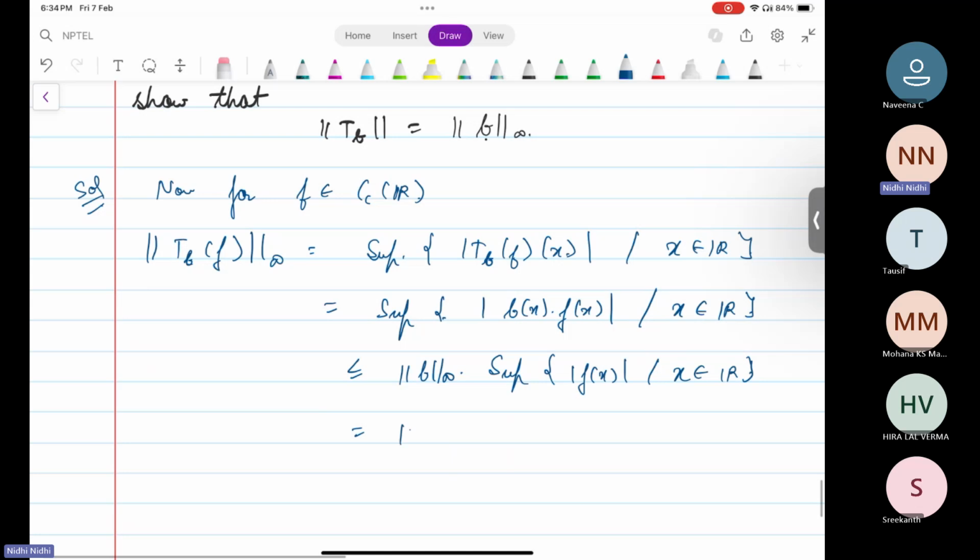Now this is equal to the infinity norm of B times norm f for every f in C_c(R).